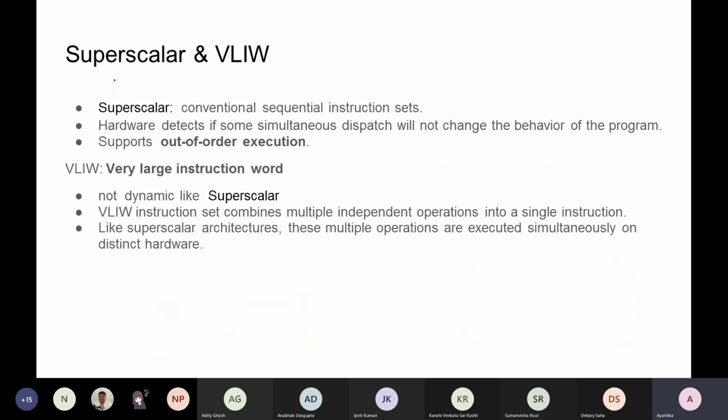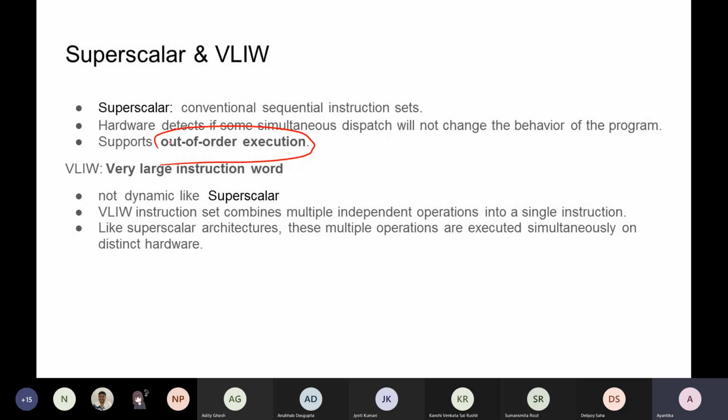Okay, and then the superscalar. Sometimes it is like out of order execution other than VLIW. VLIW we have discussed. Along with that, we have one extra point, that is out of order execution. What does it mean?